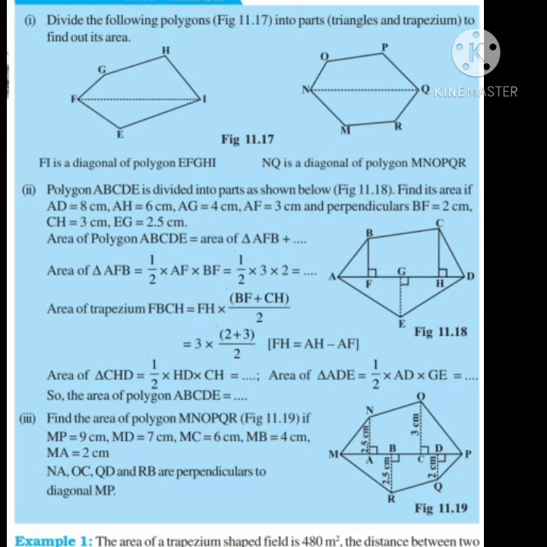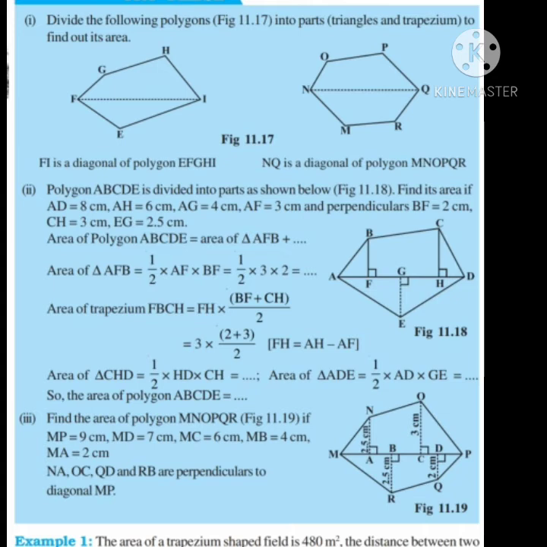So again we will draw a perpendicular from E to this side FI, and we will again draw a perpendicular from H to side FI. So now you have height and base, and you can find area of triangle FEI, and FI is the diagonal of the polygon EFGHI.